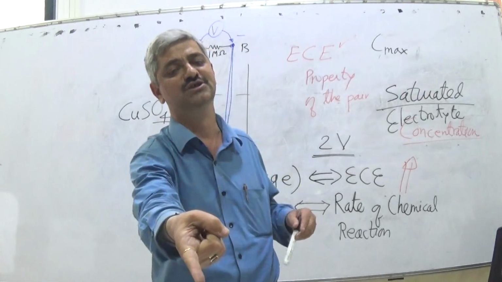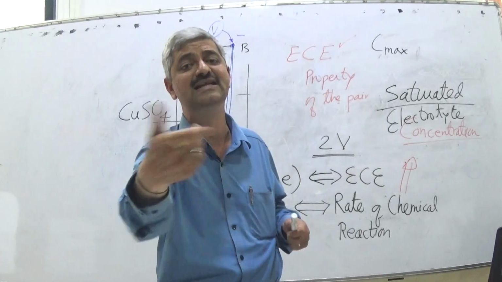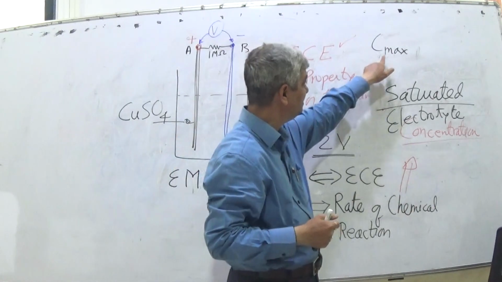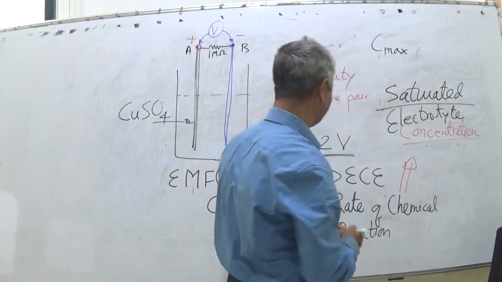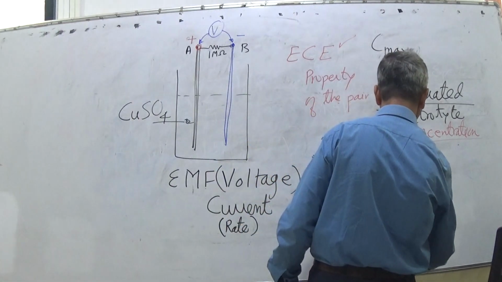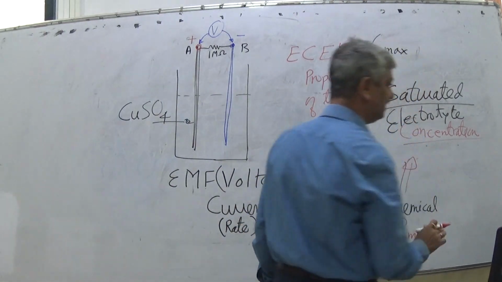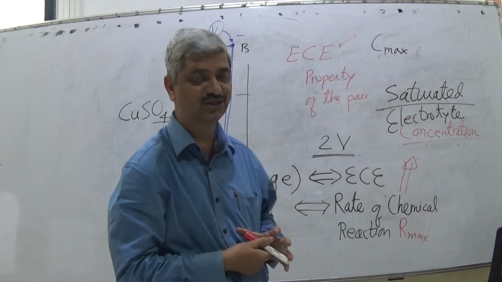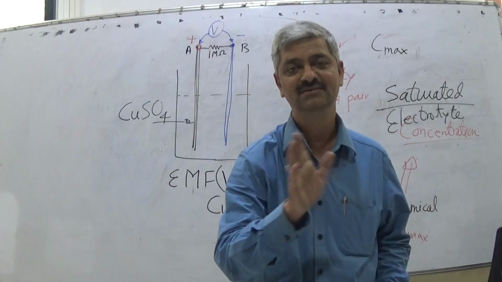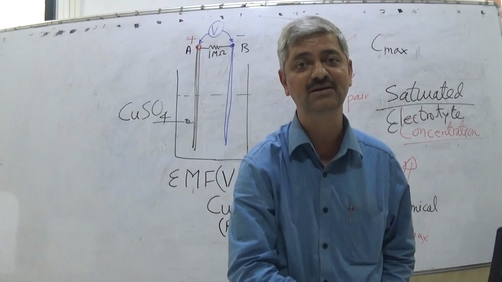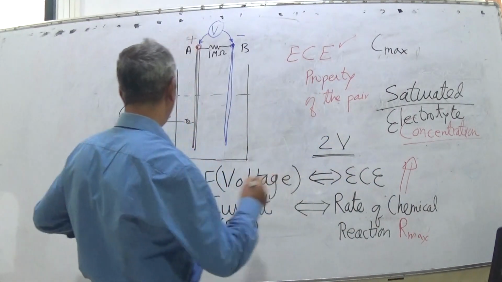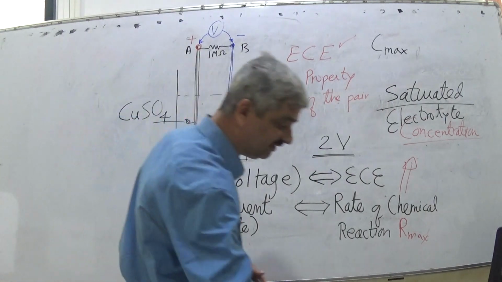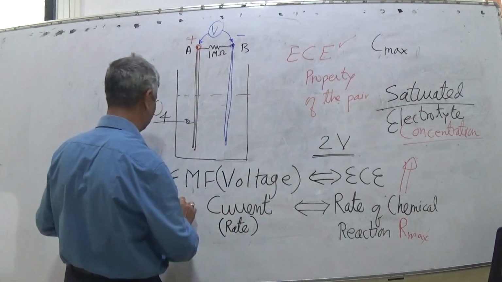So the maximum concentration of copper sulfate electrolyte is 20%, say. The Cmax. That Cmax will give me Rmax. That is, chemical reaction cannot go beyond a maximum rate, and this Rmax will put a limit on Imax.